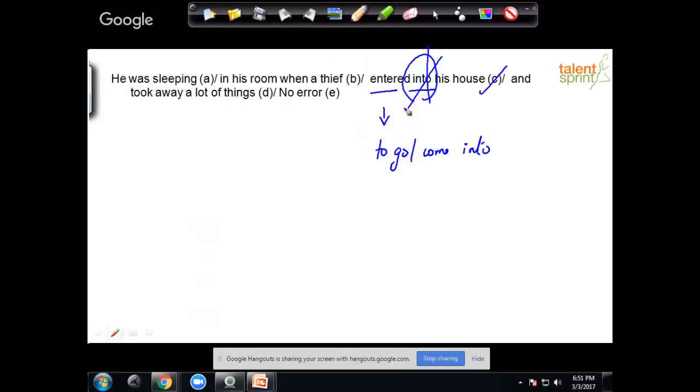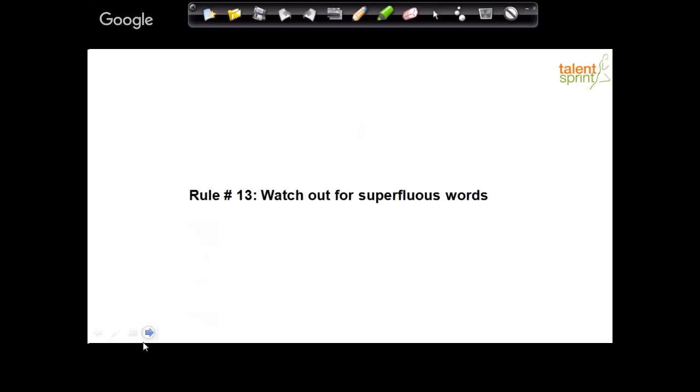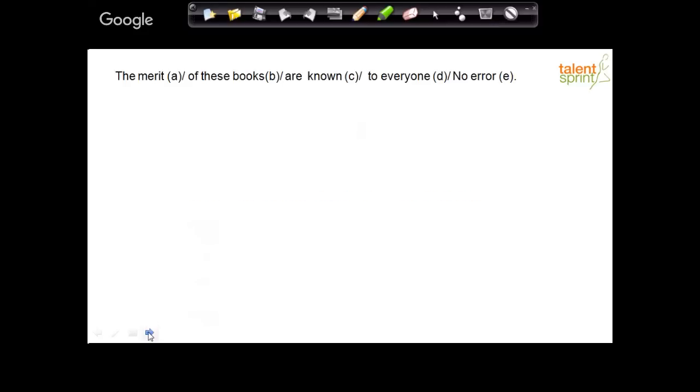Yes, that is correct. Devi. Let's move on. So rule 13, watch out for superfluous words. Next, the merit of these books are known to everyone.